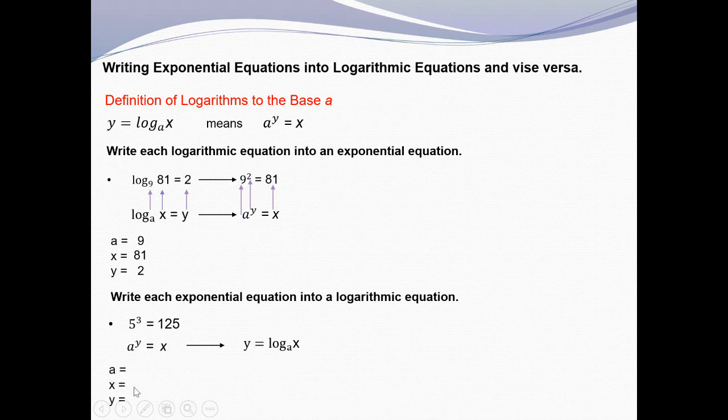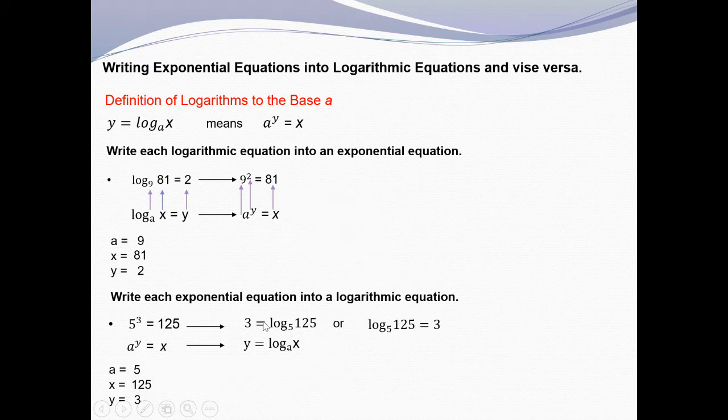So we have to know what the a, x, and y are. My a is 5, my y is 3, and my x is 125. So now it's going to give us my y is 3, the base is 5, which is the a, and the x is 125.